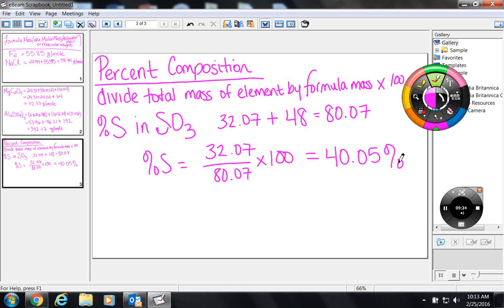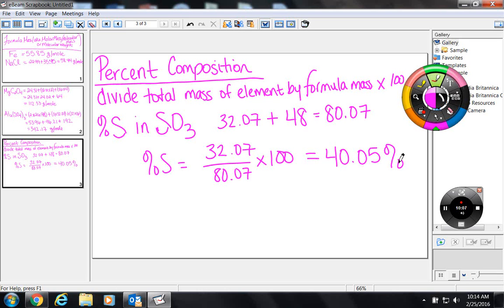Weren't you supposed to find the percentage for oxygen too? Nope, I didn't ask for that. I just asked for the percent sulfur. What's the difference between this one and the one where we divide everything? That's empirical formula. That's different.